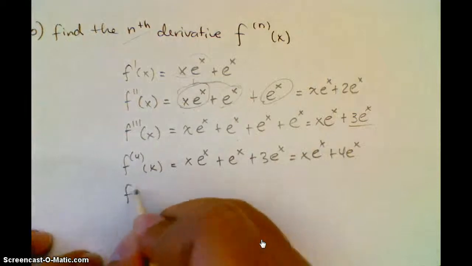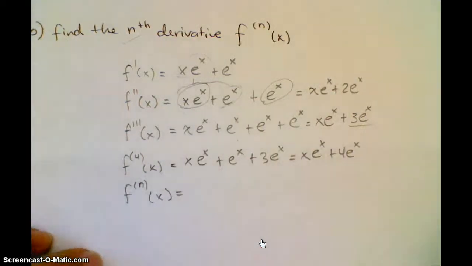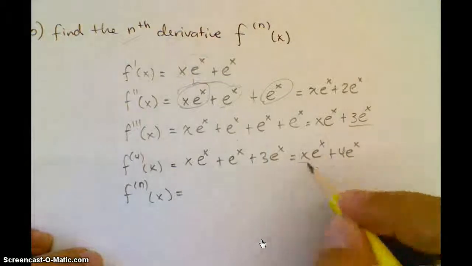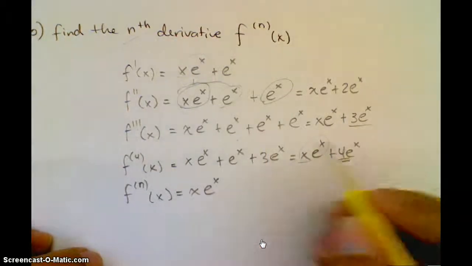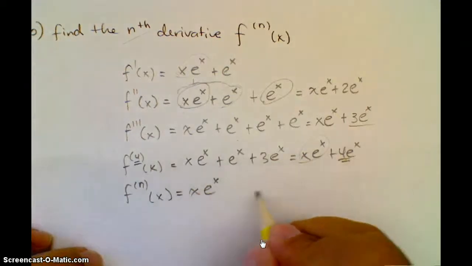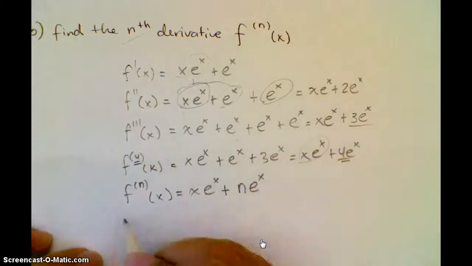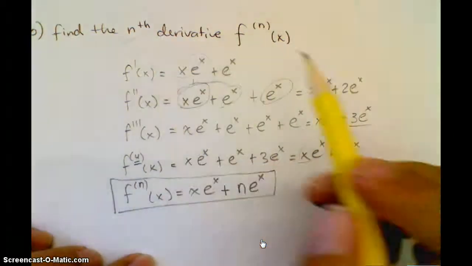So when I have the nth derivative of this function, what do you think we're going to have? Apparently the first one stays the same, and then this coefficient matches the same number as the derivative, so I'm guessing this is n times e to the x. And that's how I find the nth derivative.